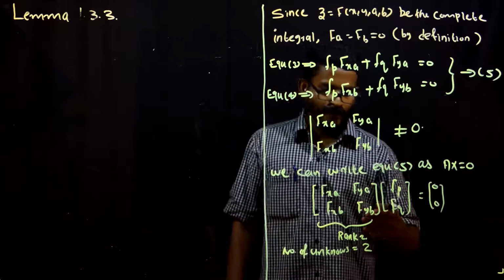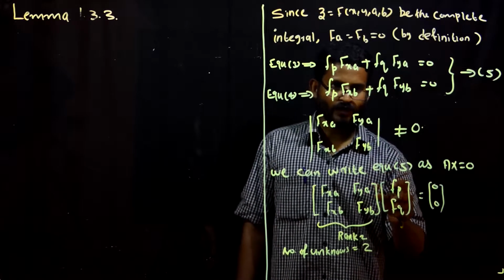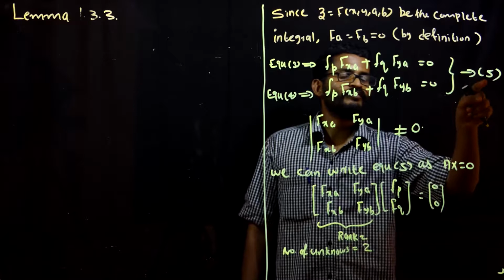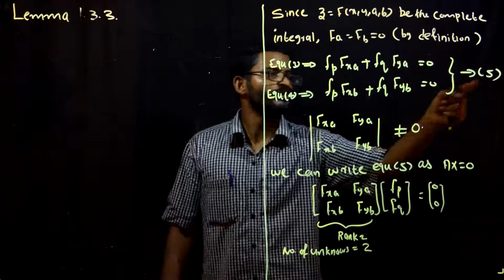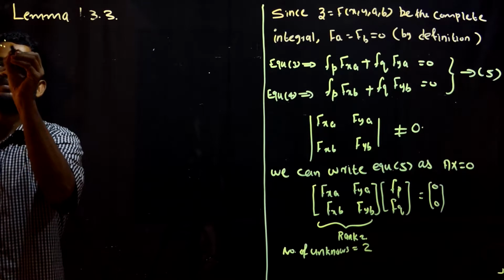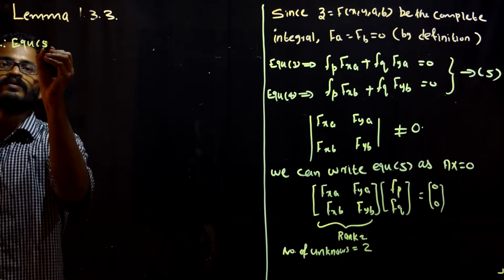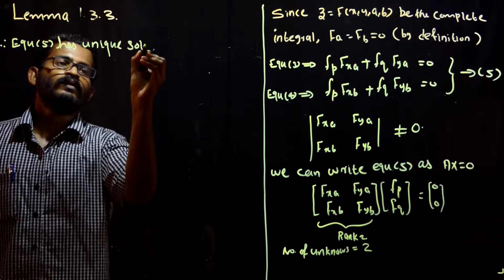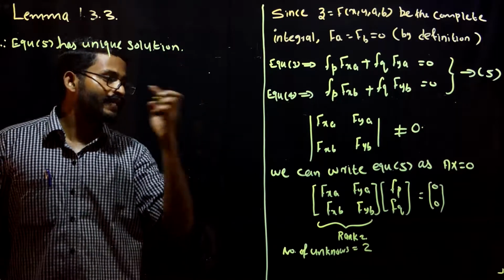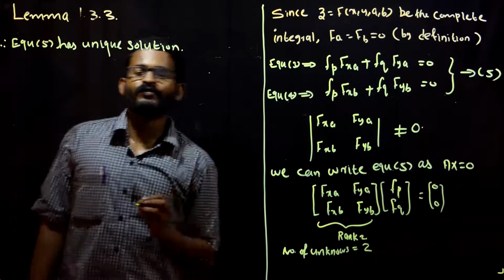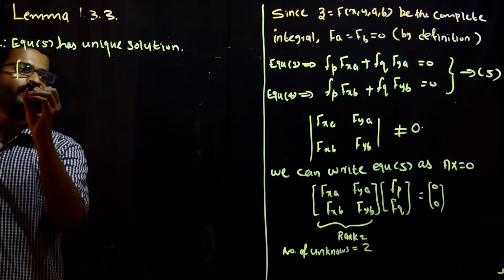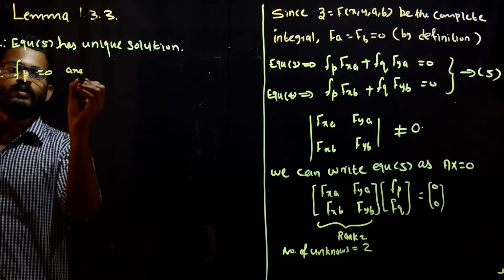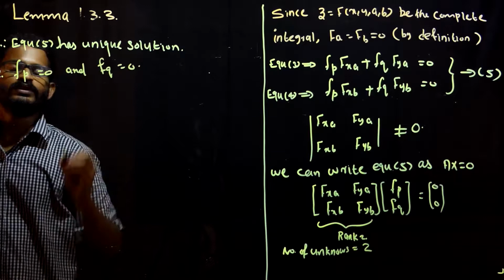That is, rank is equal to the number of unknowns, and the given system is homogeneous, which implies equation number 5 has a unique solution, and that solution is f_p equal to 0 and f_q equal to 0.